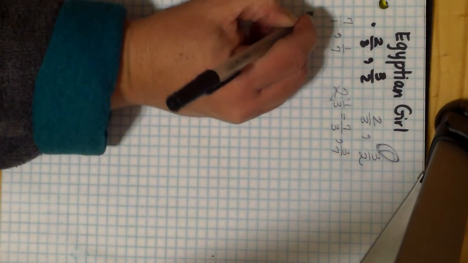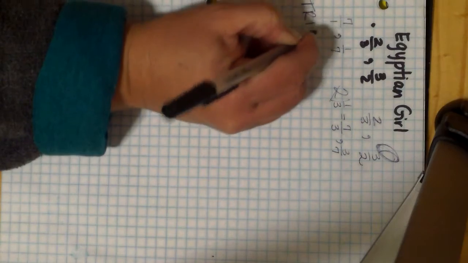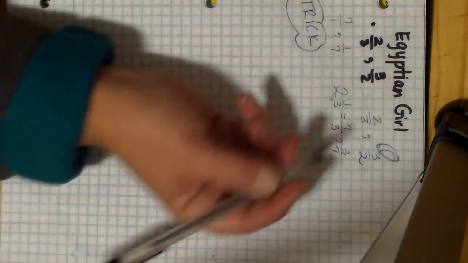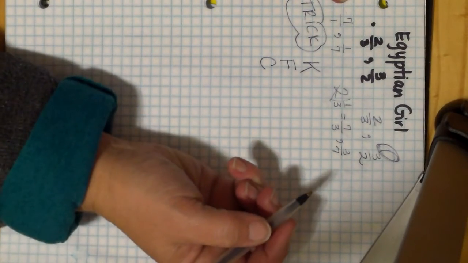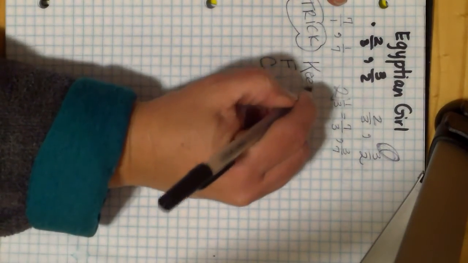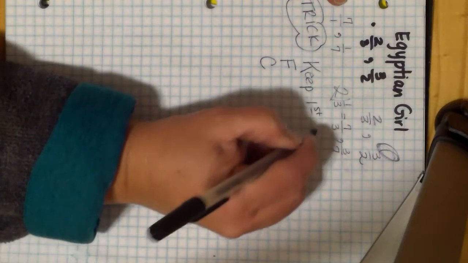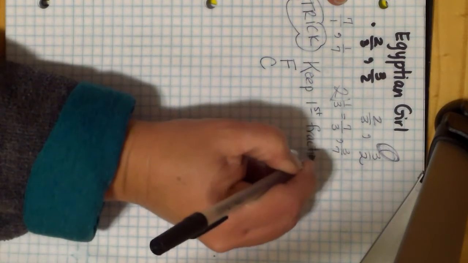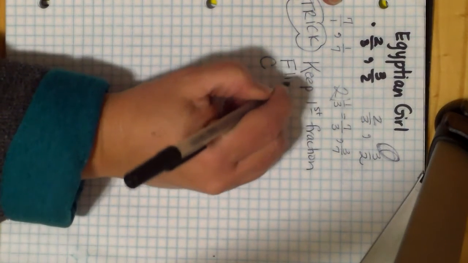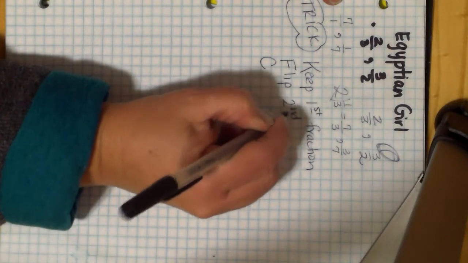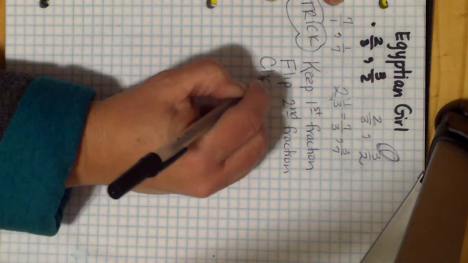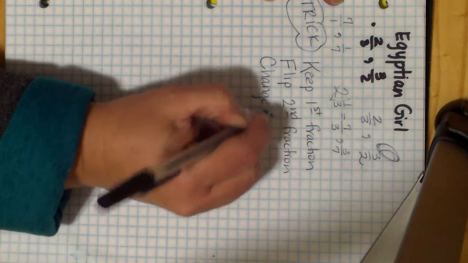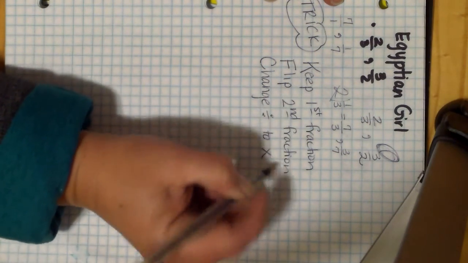We then took notes on how to divide fractions, and I told you the trick of KFC, where K stands for keeping the first fraction, F is to flip the second fraction, and C is to change the divide to a multiply.